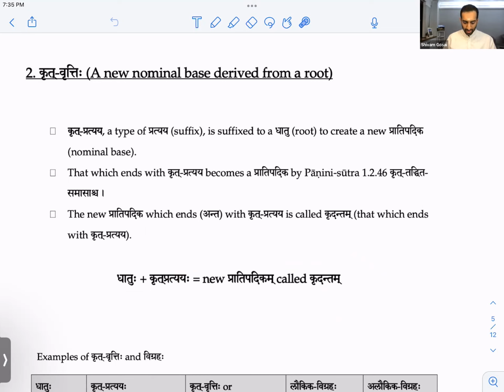So it's a new nominal base, a new pratipadika derived from a dhatu. We have this dhatu, we add the krit pratyaya, and we make this new pratipadika called kridanta. So far we saw sanadhyanta dhatu vritti, which is a new dhatu, and krit vritti, which is a new pratipadika made by adding a dhatu and a krit pratyaya.